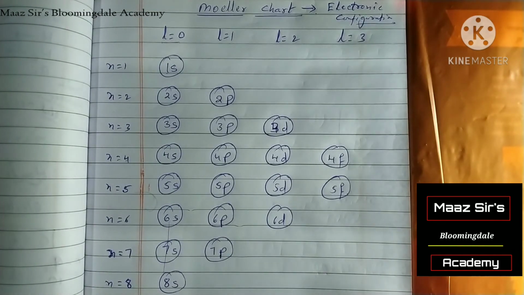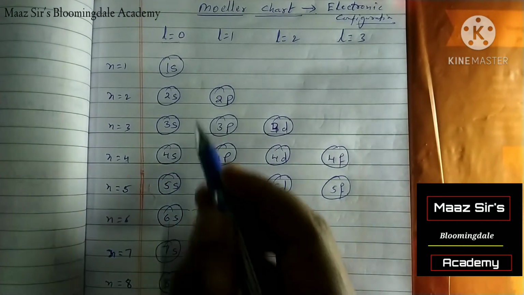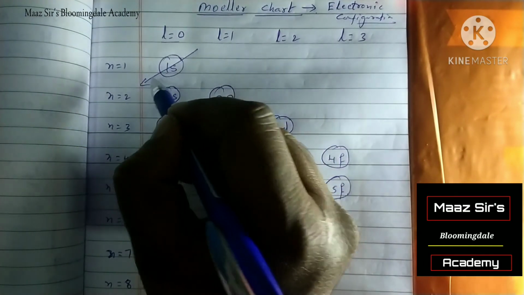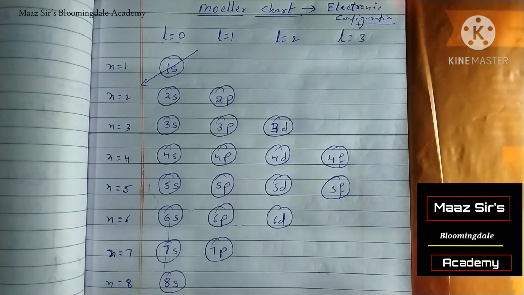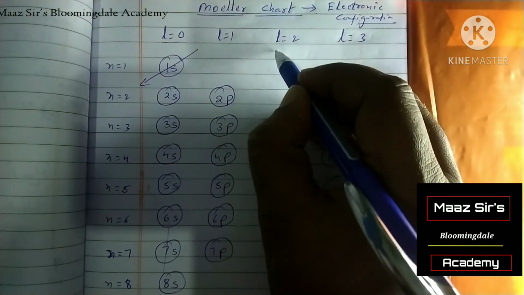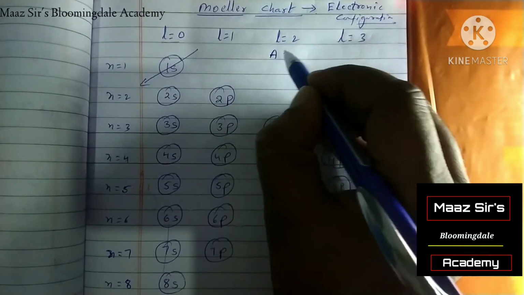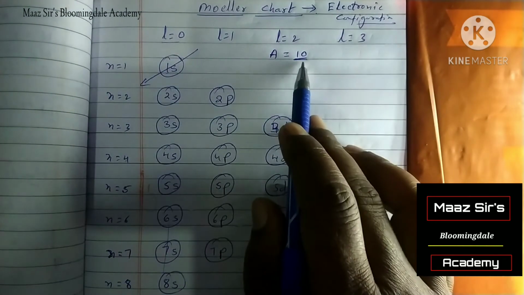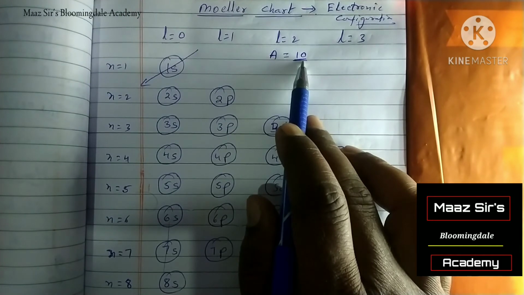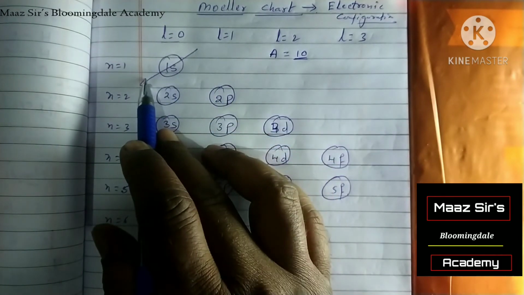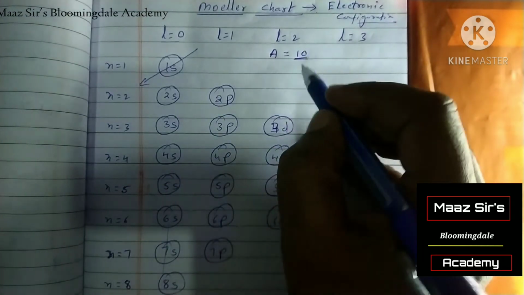Now, how to write the electronic configuration? First, remember that the first electron will enter into 1s. Let us say I want to write the electronic configuration of neon. Its atomic number is 10. Here remember that the first electron will enter into 1s.